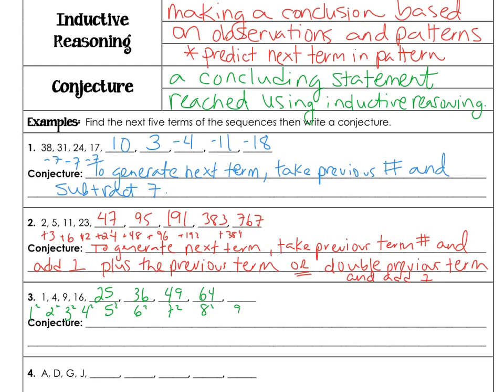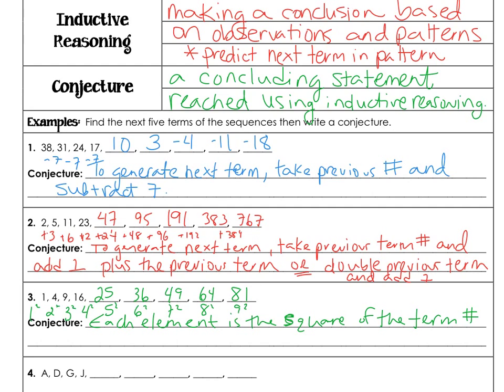And then 9 squared would give us 81. So each element, the elements being the numbers, is the square of the term number. If you count them with me, we have 1, 2, 3, 4, 5, 6, 7, 8, 9 terms.